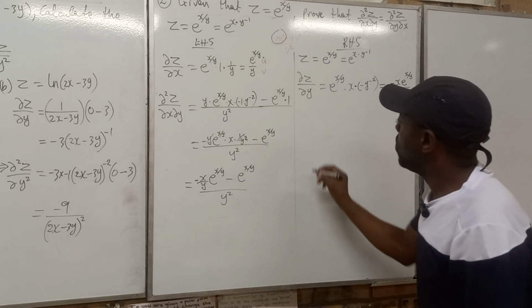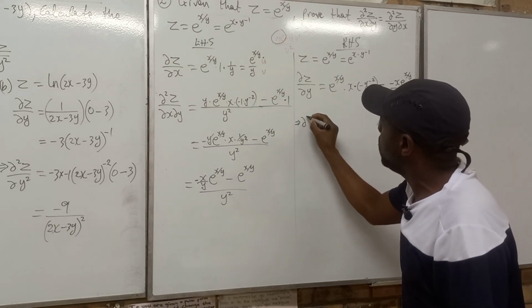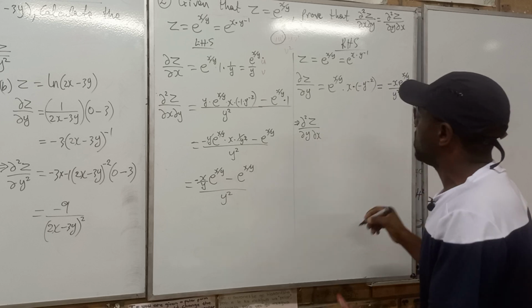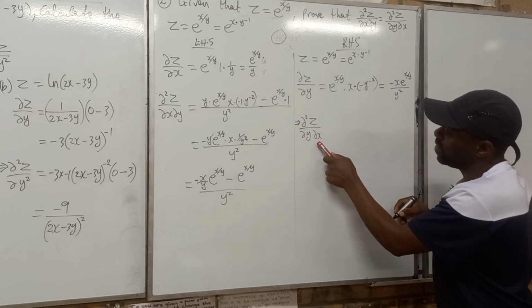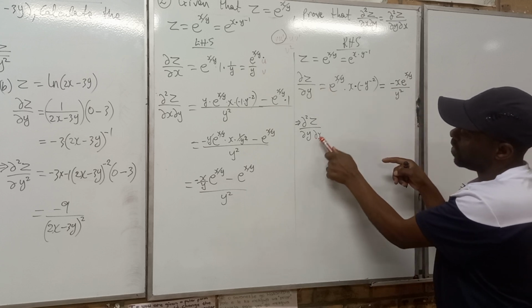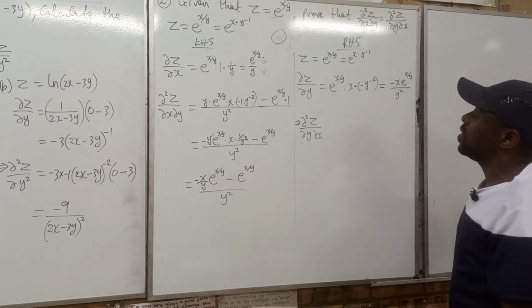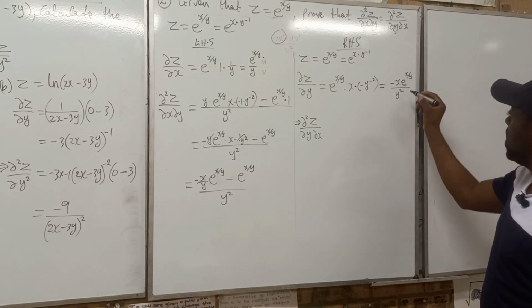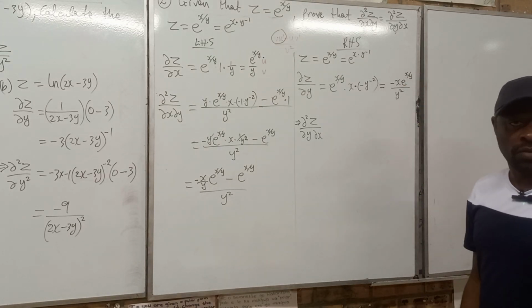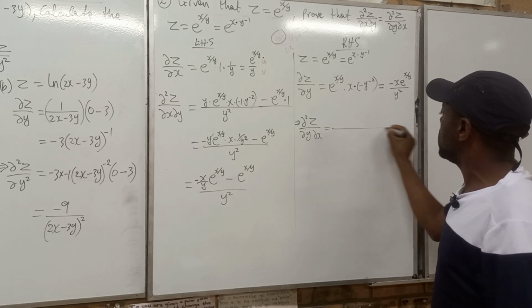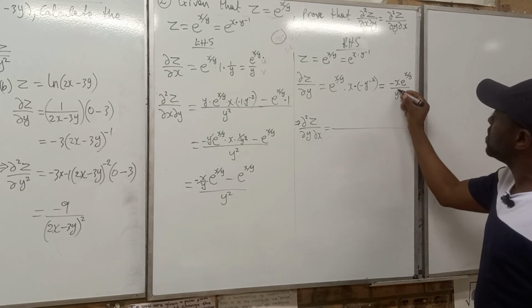And I can now go on and look for the second derivative with respect to y and with respect to x. So this is where it becomes interesting. In the second derivative, you are differentiating the first derivative with respect to x because we are already done with y. So looking at our problem, we don't have to touch the denominator. It doesn't have x.